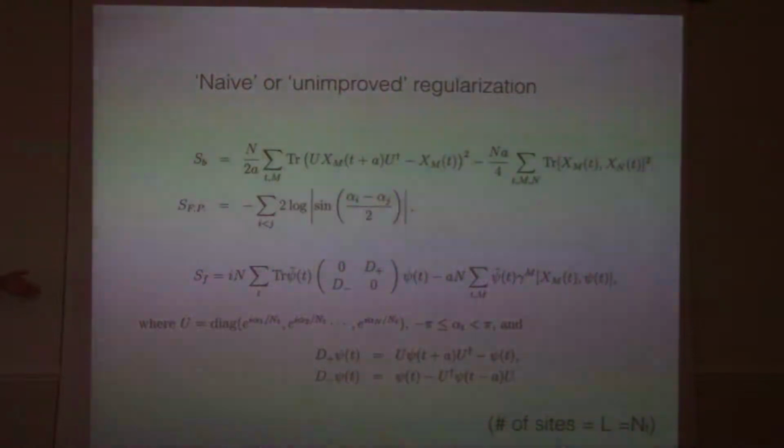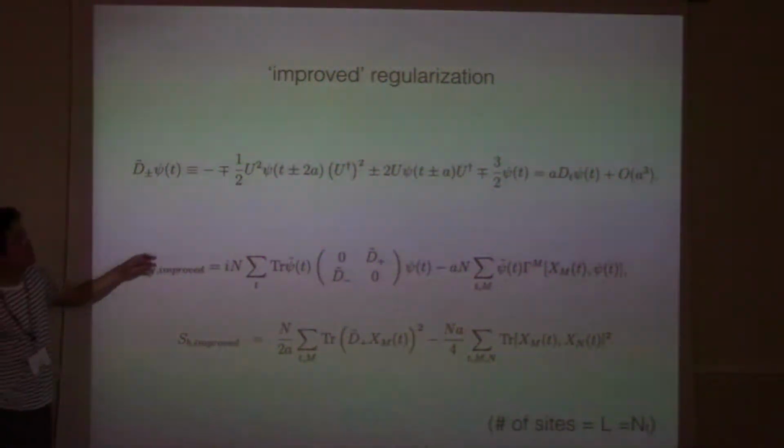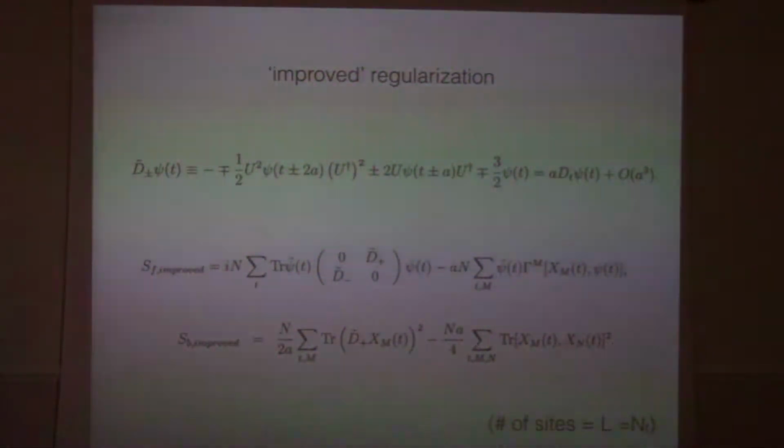For the fermion, we also used a rather naive regularization. This is the so-called naive action, which has a bigger regularization artifact. But we can add some more terms to make the lattice artifact smaller.